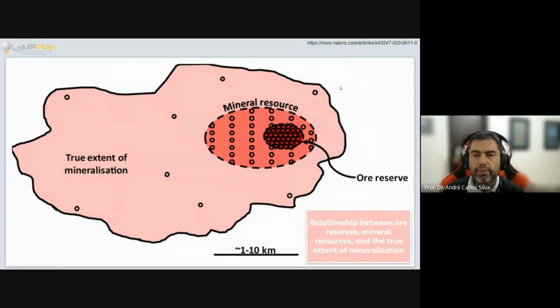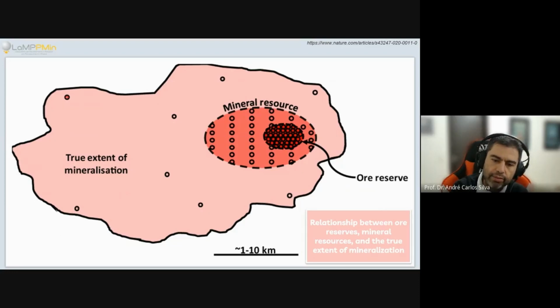And I think this figure, it's not a graphic, this figure shows you the idea behind these concepts of resource or reserve. Okay, so you can have a huge mineralization. So over this pink area, we have, for example, gold. And we're going to make some drill cores, and every time that you see a circle like this, you can imagine that we have a drill core over here.